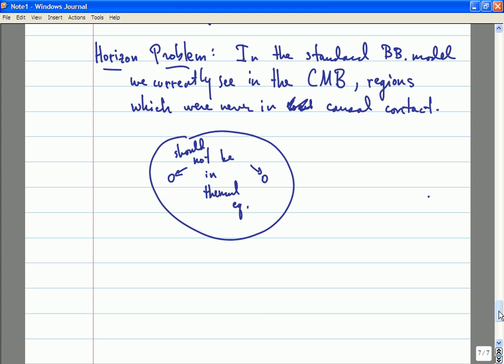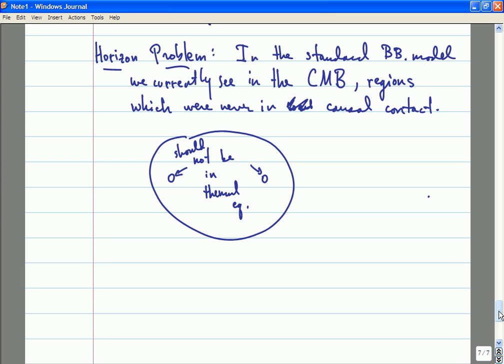But in fact, the night sky appears to be very, very homogeneous. So you would expect the cosmic microwave background to fluctuate by order 1 on length scales associated with this causality bound. But in fact, the correlations in the cosmic microwave background are extremely tiny.